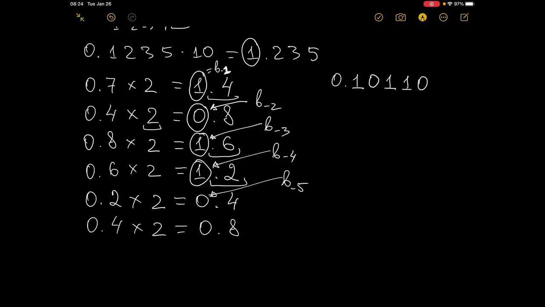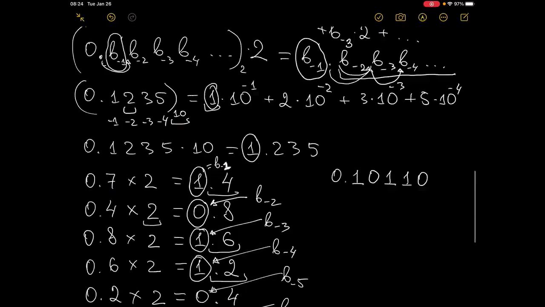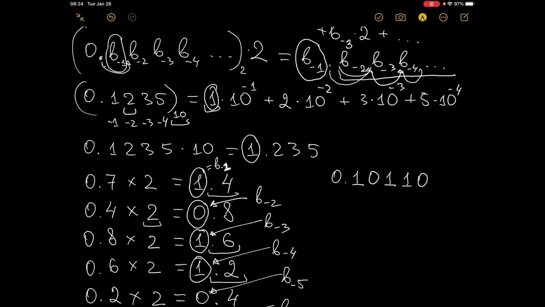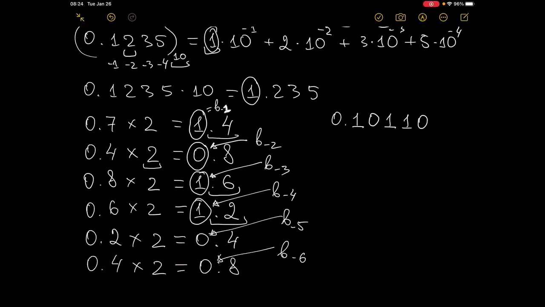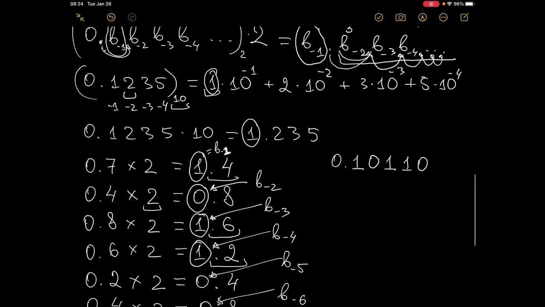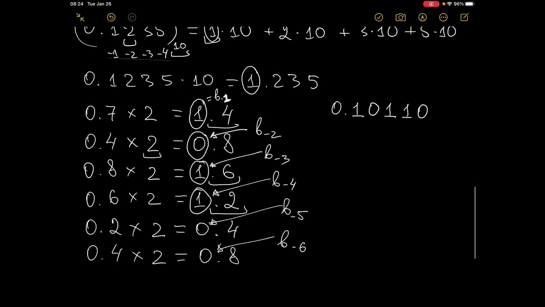So every multiplication by 2 moved the radix to the right by 1 position, and the integer part is nothing else but exactly your b negative 1, the digits of the binary representation.